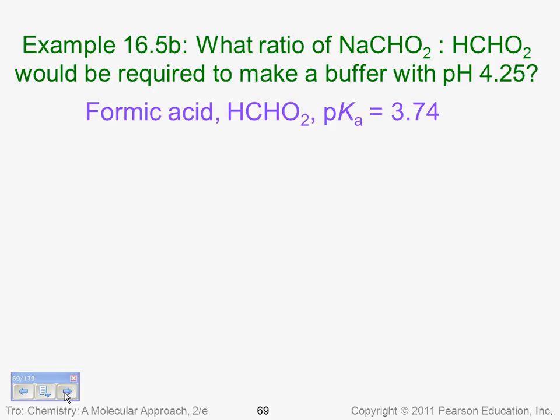What ratio of acid to base do I need to use in order to get that pH 4.25? Earlier it was like, you've got this much acid, you've got this much base, what's the pH going to be? Now we're asking the opposite question. I want the pH to be a certain amount, and I need to know what the ratio should be.